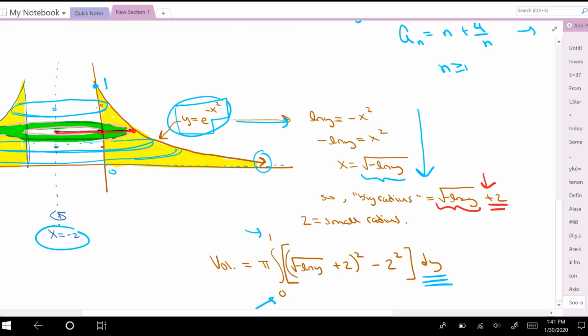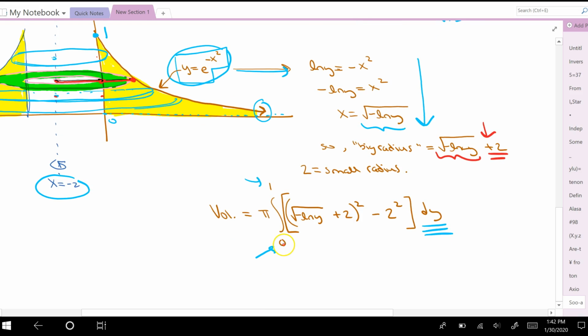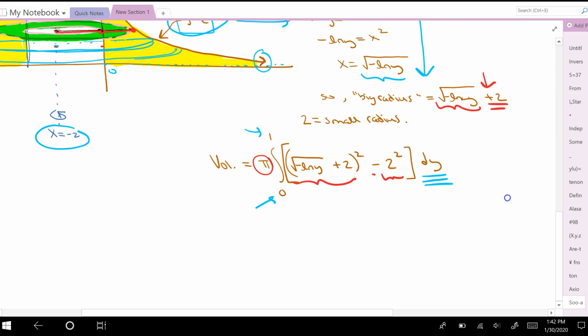Very good. So the volume is going to be, don't forget, pi r squared minus pi r squared: pi times the definite integral from 0 to 1 of big radius squared minus small radius squared, dy. There it is. Very nice.